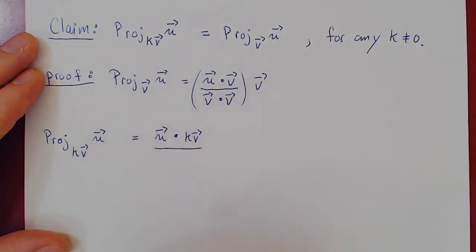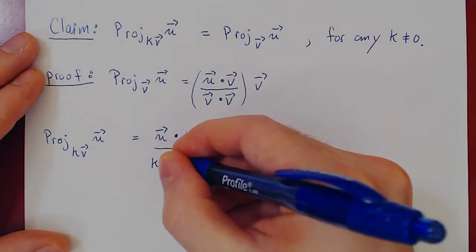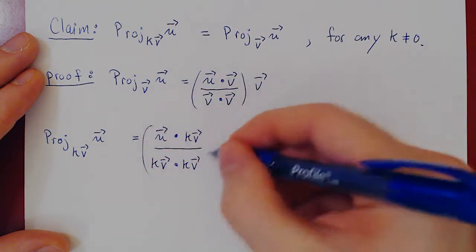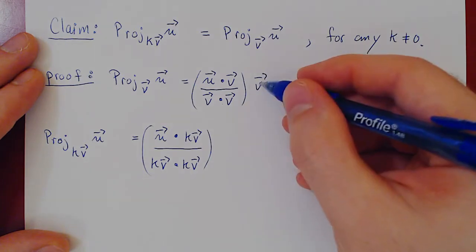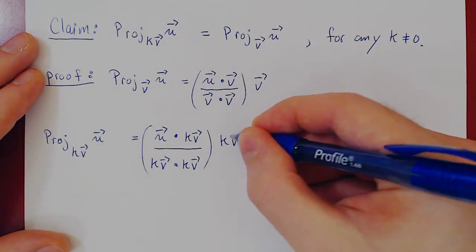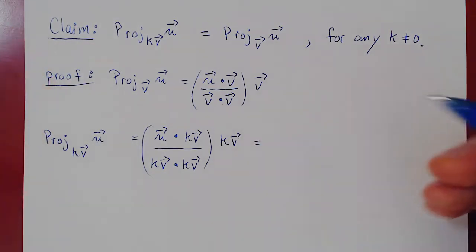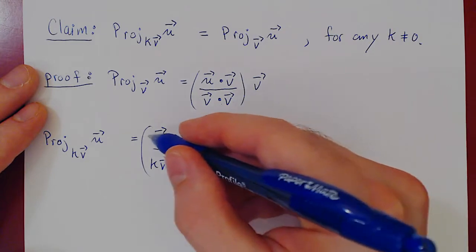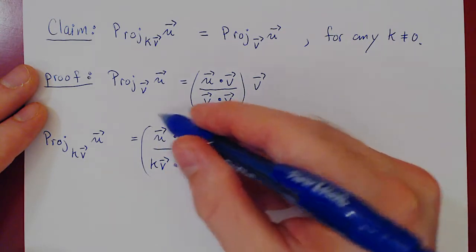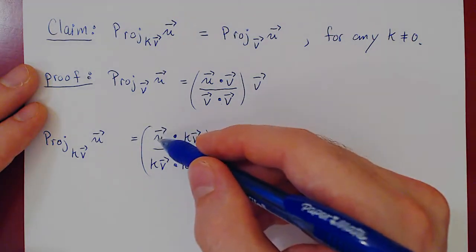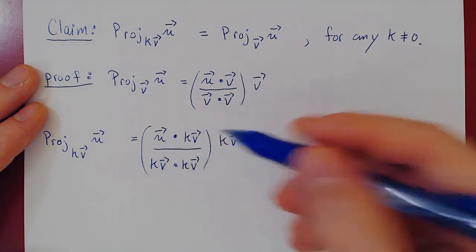So we'll have kv dotted with kv, that's our scalar multiple, times the vector we are projecting onto, times vector kv. Well, simple property of the dot product, we can move scalars onto either vector and also out of the dot product. So if you recall, k times u dot v is the same as ku dot v, and that's the same as u dot kv.